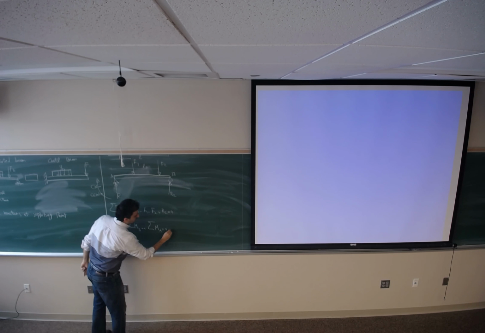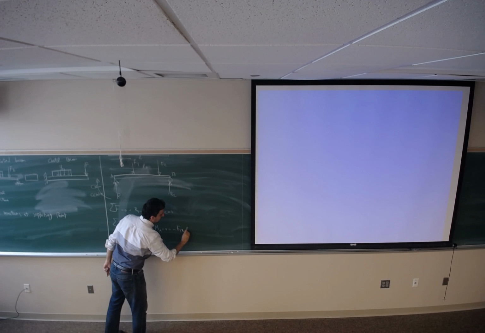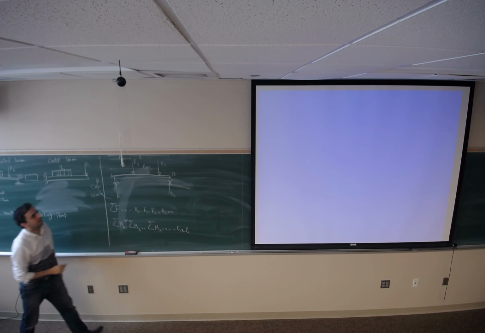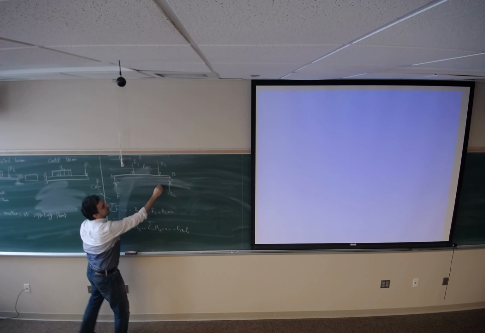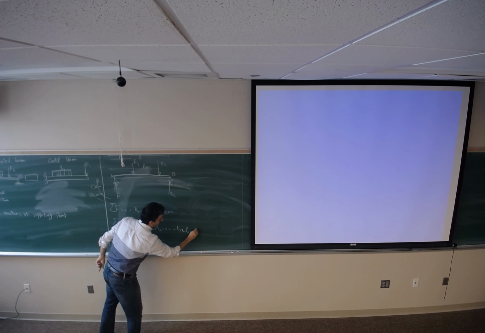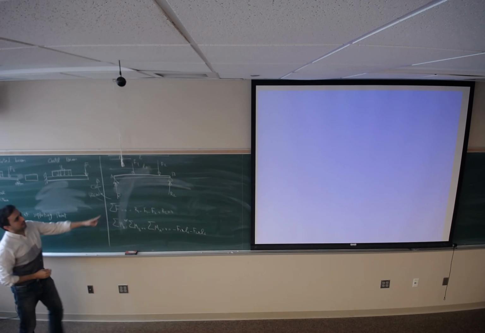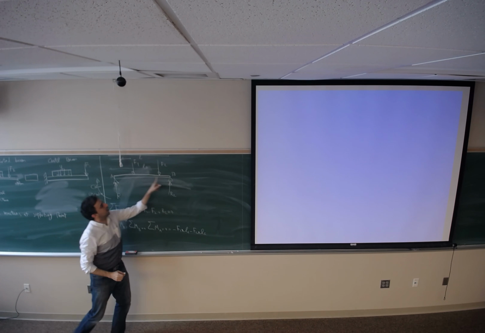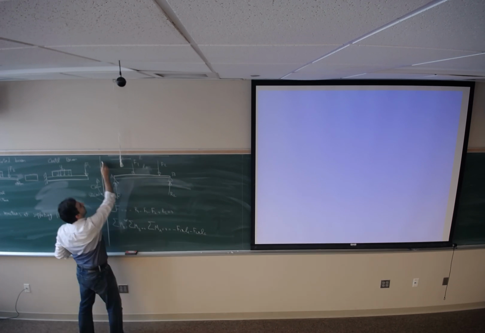So the first one is negative F1 times the distance, which is L1. Second force has a distance of L2. It's still making clockwise rotation. And this reaction times the distance is making counterclockwise, which is positive.